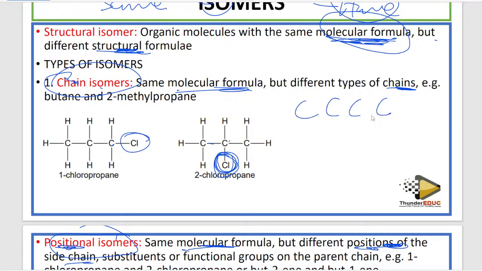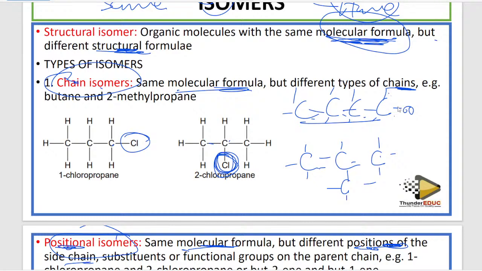I have four carbons here, with hydrogens all over. Now I have 1, 2, 3, and I put the fourth one here. It is still the same, and if we count the number of hydrogens we will find it is the same. Carbon atoms are the same: 1, 2, 3, 4.